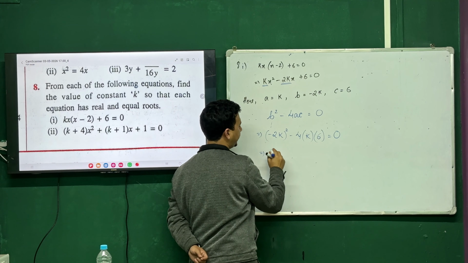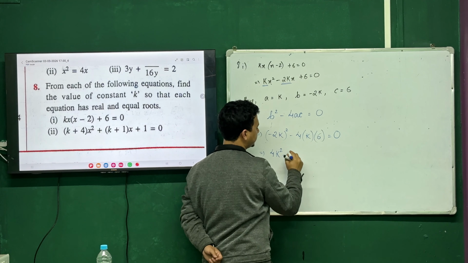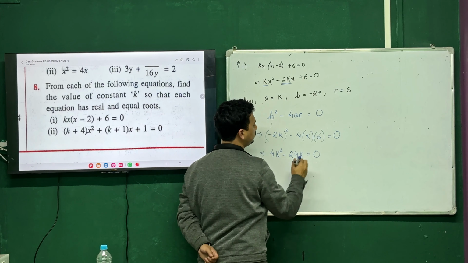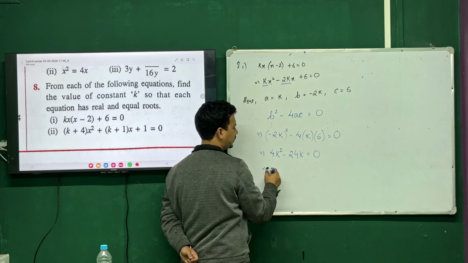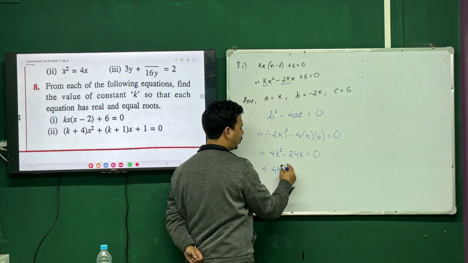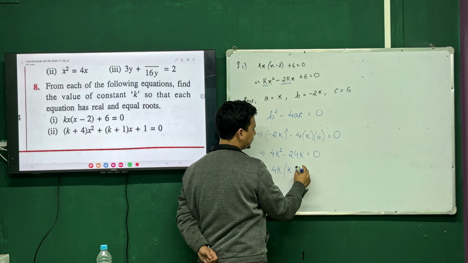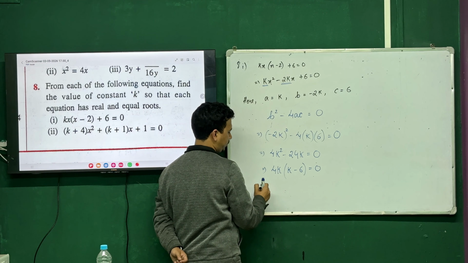Then minus 2 square is 4k square, minus 4 6s are 24k equals to 0. Then we can take 4k common and we get k minus 6 equals to 0.